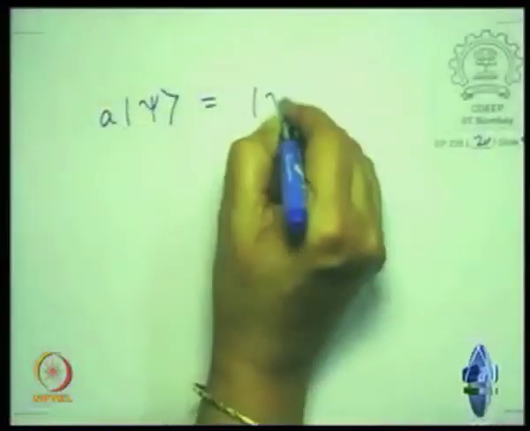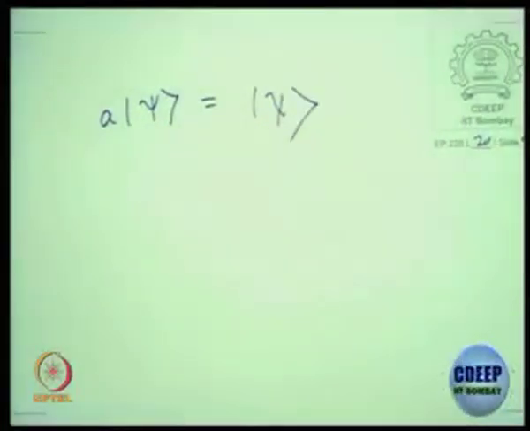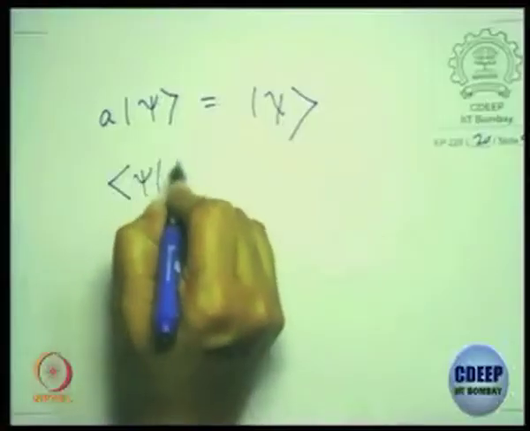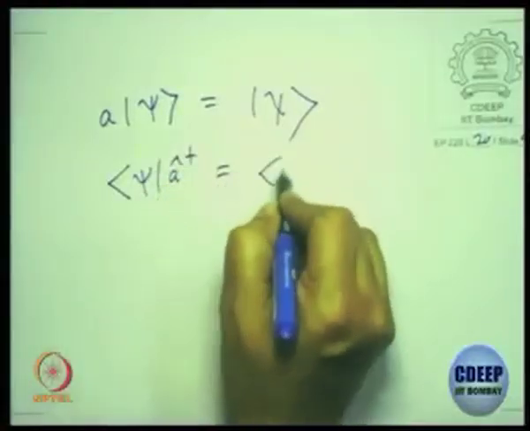What can we say about the matrix element? If you write psi with A as some chi, then the adjoint action will be psi with A dagger will be chi.